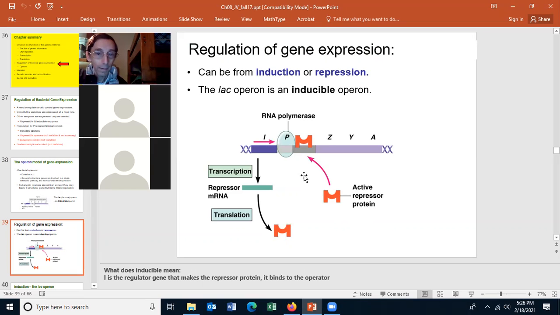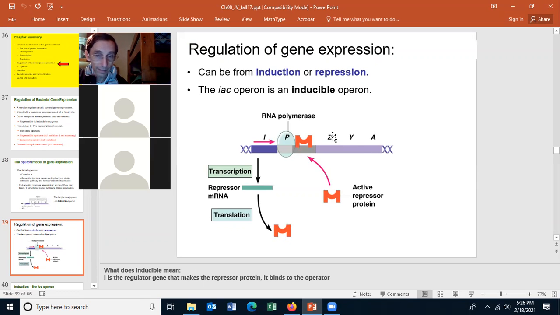Now, when the RNA polymerase binds to the promoter and then moves down the DNA, it runs into the repressor protein bound to the operator. And then the RNA polymerase cannot move further down the DNA. And that will shut off gene expression for the structural genes in the operon.